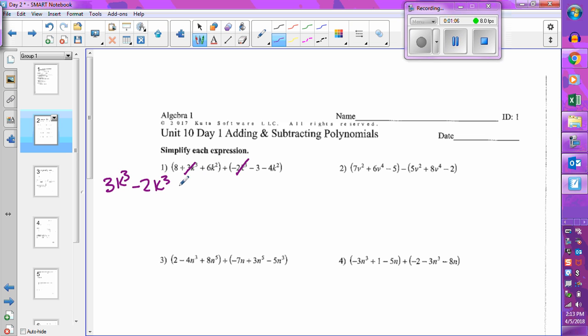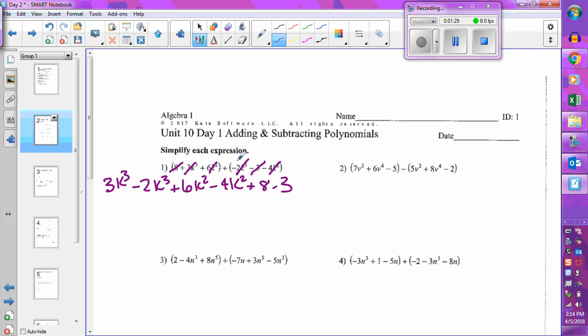Then I have a positive 6k to the second degree, cross that out. And then a negative 4k to the second degree. And then I have my positive 8 and negative 3. All right, so I'm going to go ahead and cross those out too.